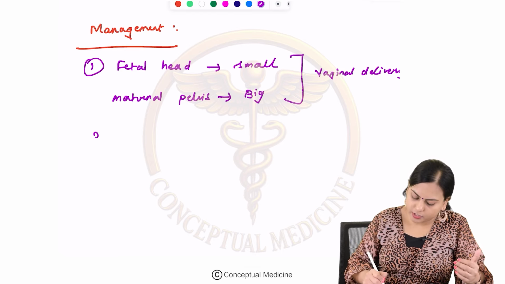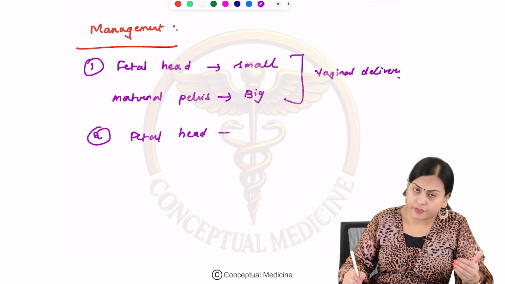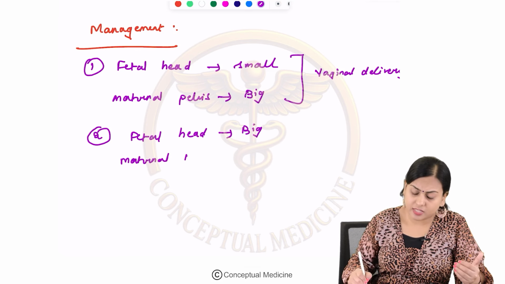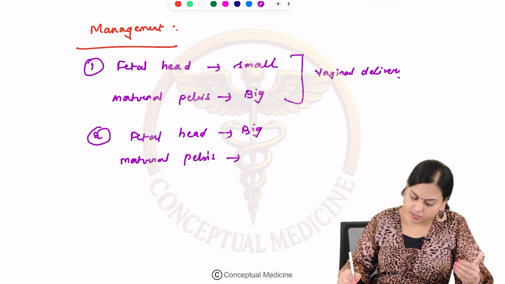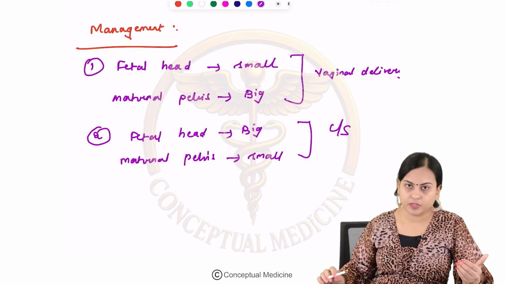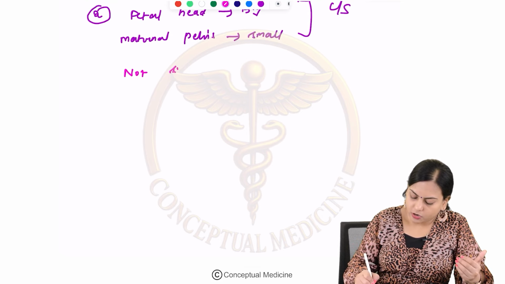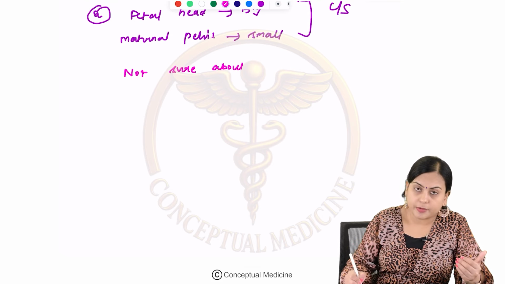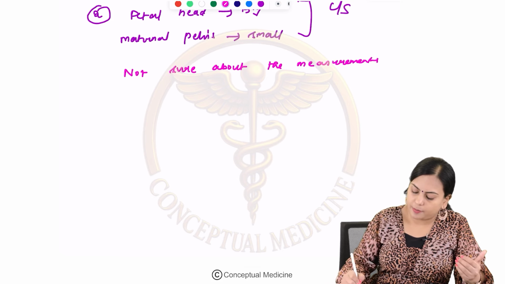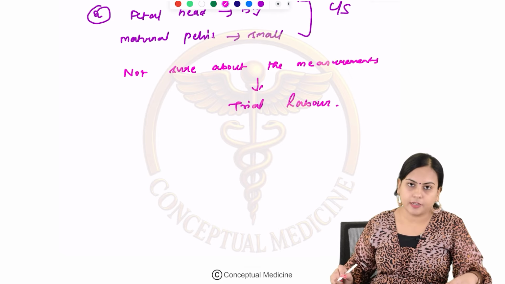Second option is if the fetal head is very big and the maternal pelvis is small, then definitely you can offer them cesarean section. Clear? But if you are not sure about the measurements, then you can even plan for a trial labor. Clear?